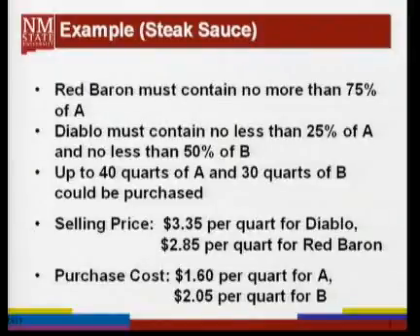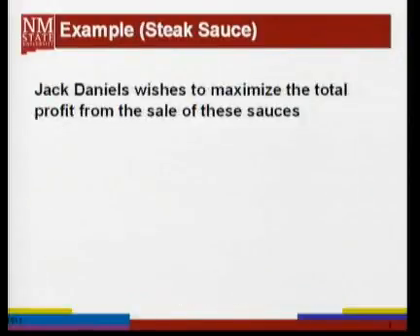And A and B cost $1.60 and $2.05 per quart, respectively. And Jack Daniels wishes to maximize its net value from the sales of these sauces. Okay, that's the problem we've got.